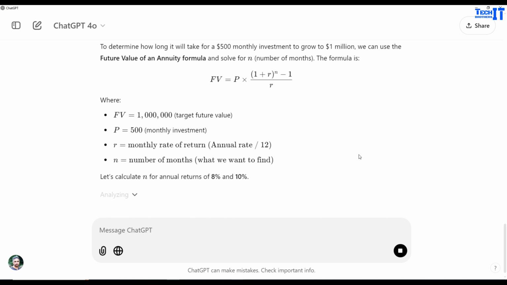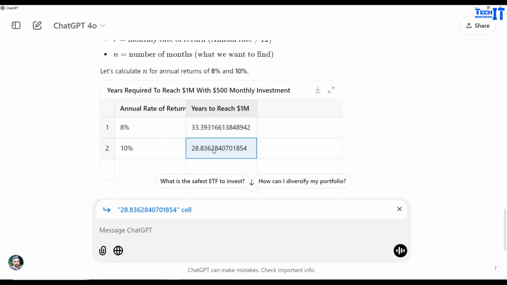Okay, so now it's telling me years to reach. If it is 8%, it will take me 33 years to reach the 1 million. And if it is 10% in annual rate, if that VOO will increase at a 10% annual rate, it will take me almost 28 years to make $1 million. That's not bad.